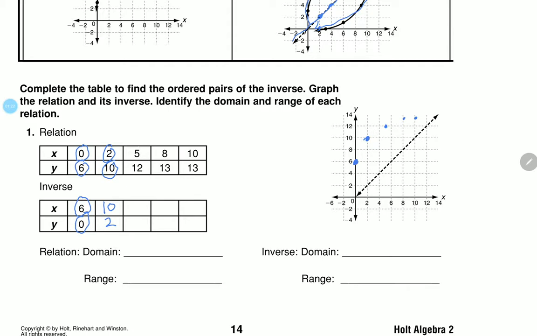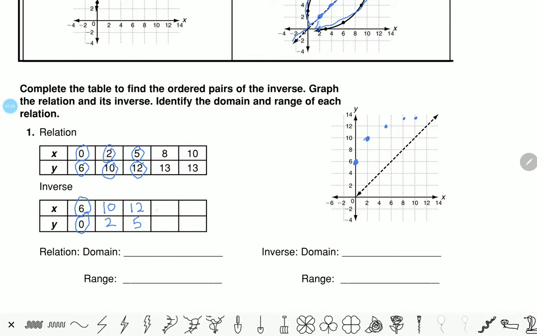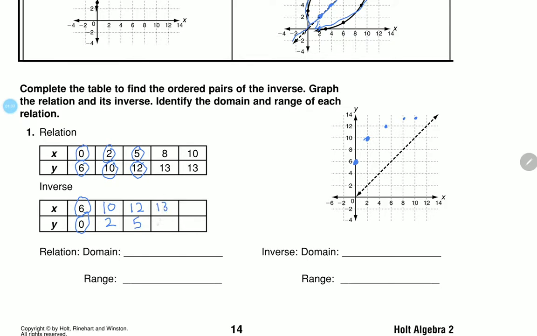When x equal 5, y will be equal 12, so the inverse function will be x equal 12 and y equal 5, and so on. x will be equal 13, y will be equal 8. x equals 13, y will be equal 10.